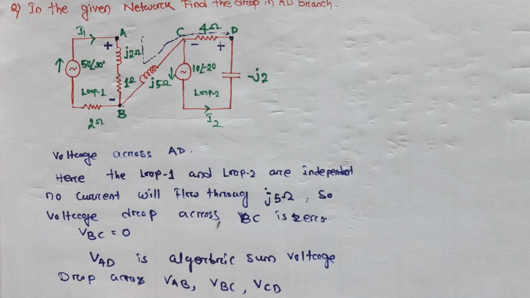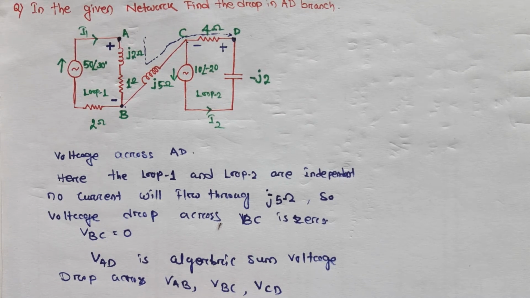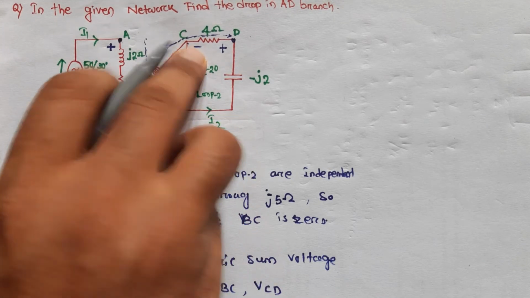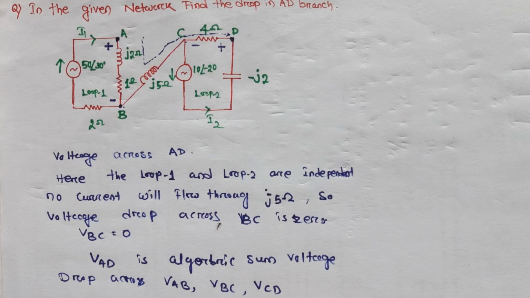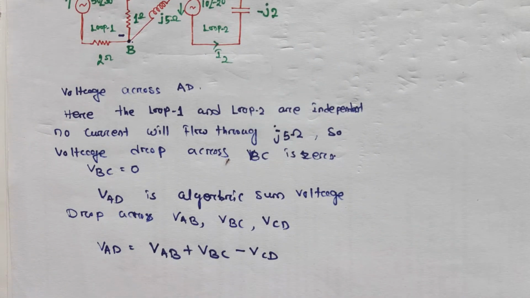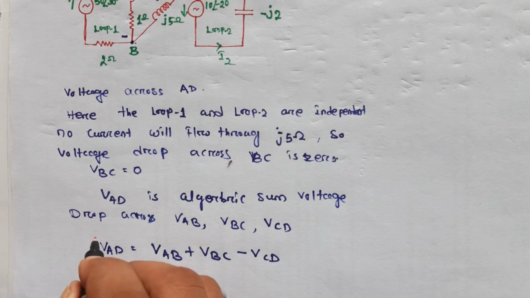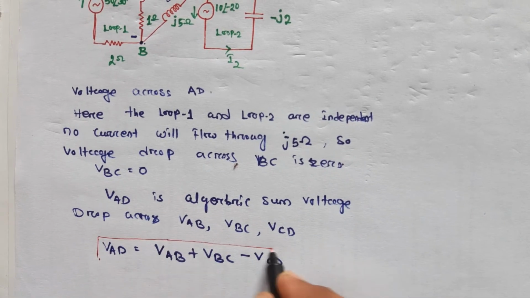So VAD is equal to VAB plus VBC, then here the polarity changes, so minus VCD. This is the equation for finding VAD.